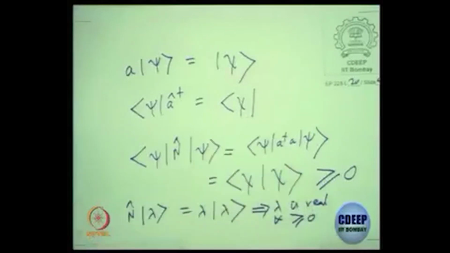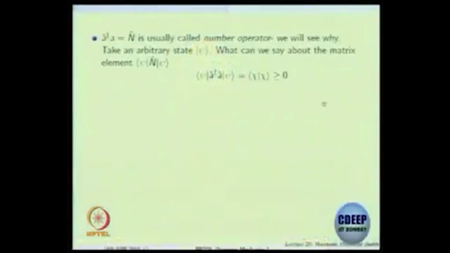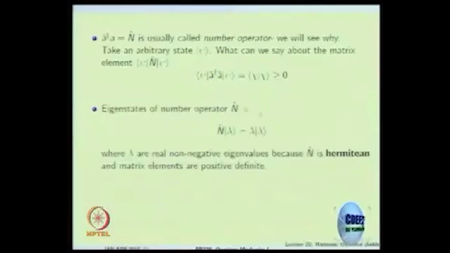Both the conditions apply. Okay, so what can we say about this matrix element? As we have already worked it out now, we see that the matrix element has to be positive definite. Eigenstates of the number operator n hat, with eigenvalue lambda, have to be real non-negative eigenvalues because n is Hermitian and matrix elements are positive there.